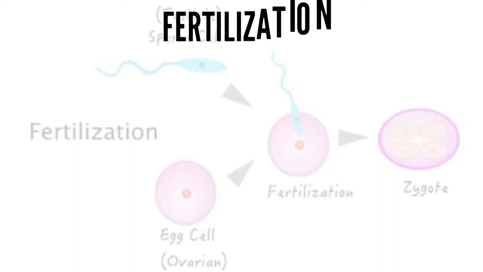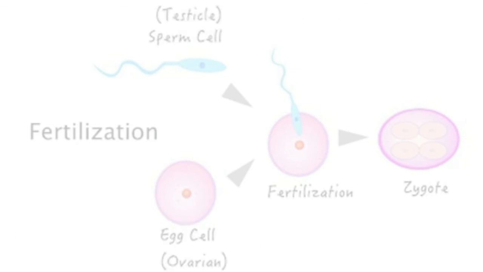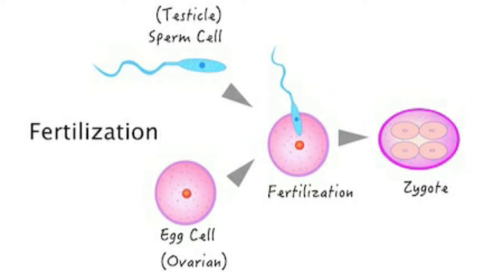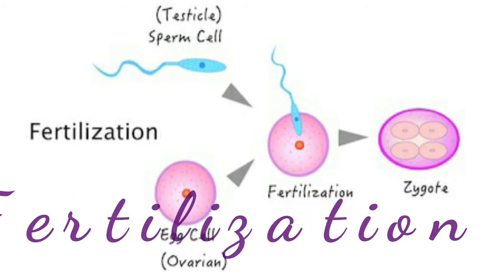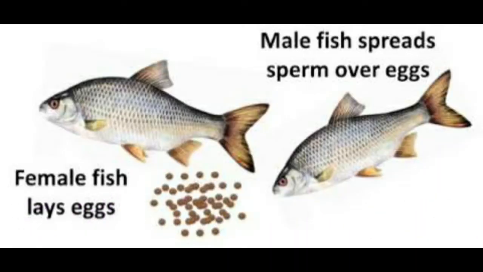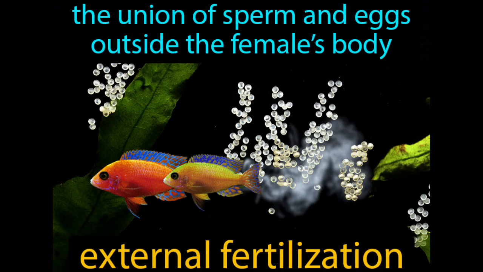The second event is fertilization. The fusion of male and female gametes is called syngamy. As a result, a diploid zygote is formed. This process is known as fertilization. In the majority of algae, fishes and amphibians, syngamy occurs outside the body of the organism.